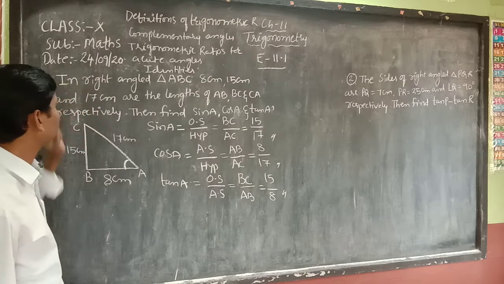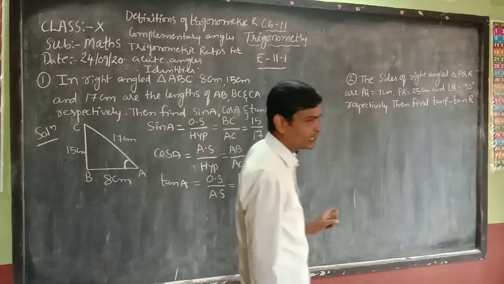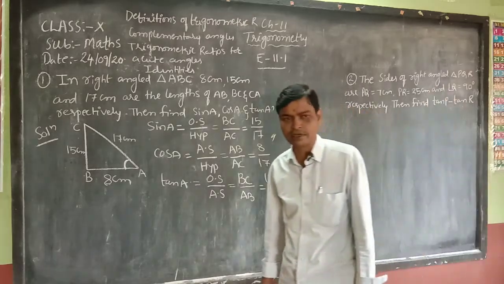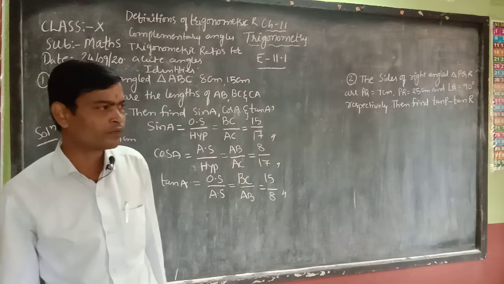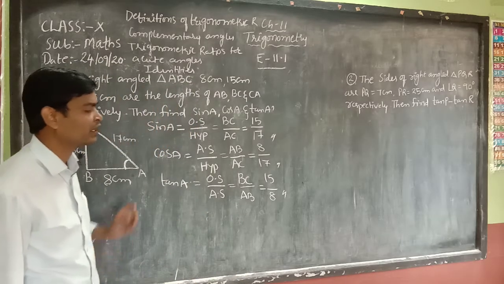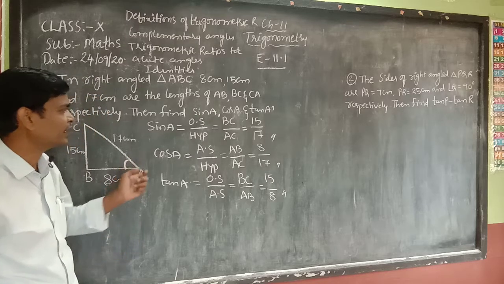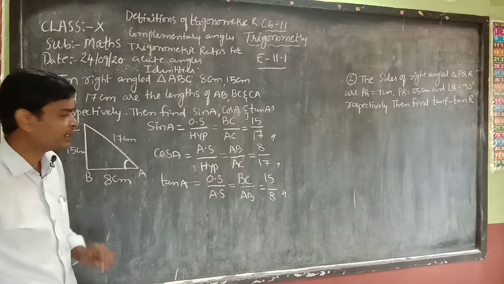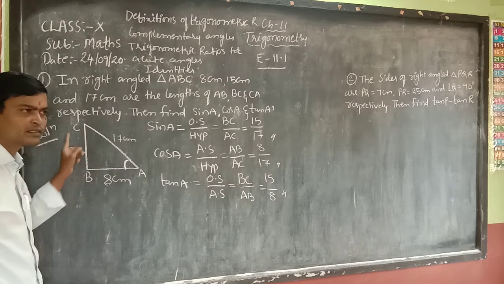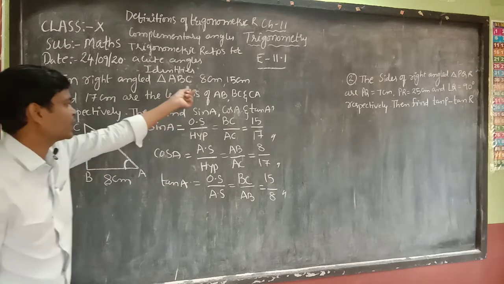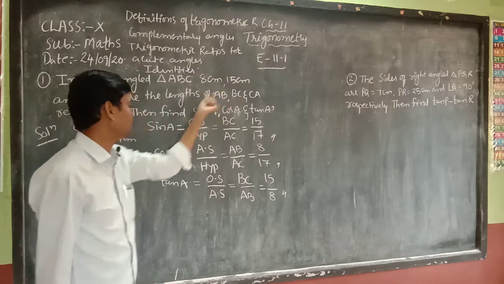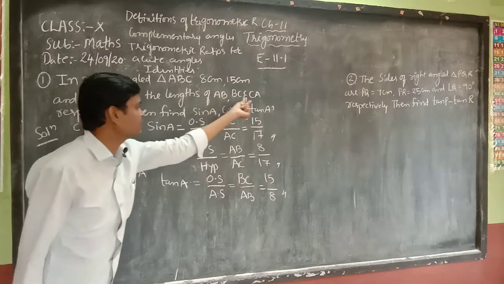In the given question, what has he given? In right angle triangle ABC, 8 centimeters, 15 centimeters and 17 centimeters are the lengths of AB, BC and CA respectively. Find the values of sin A, cos A, tan A. What we did: we drew a right angle triangle ABC, with AB 8 centimeters, BC 15 centimeters and CA 17 centimeters.